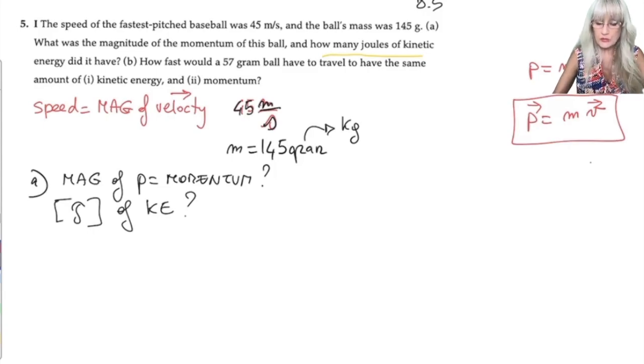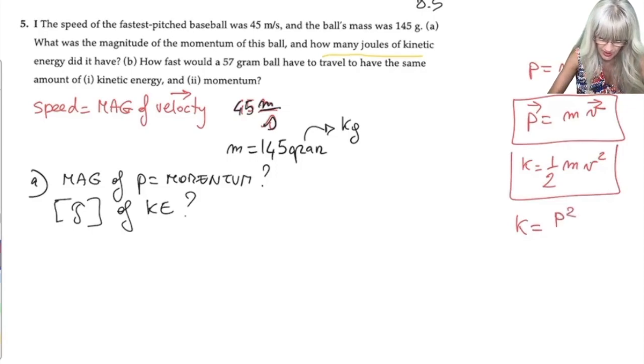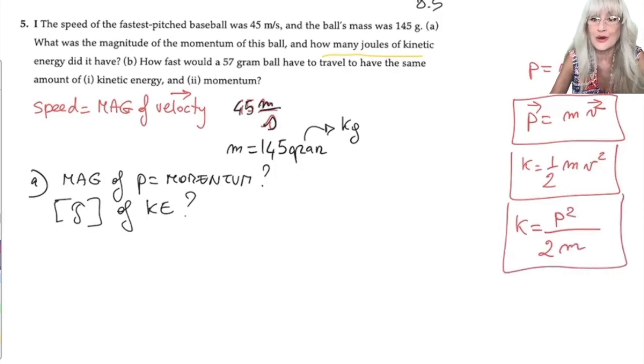The kinetic energy in general depends on the mass and the speed of the particle, but we can also write the kinetic energy, do you remember, as the momentum squared divided by twice the mass. So either way is going to be fine. All right, so let's do part A.